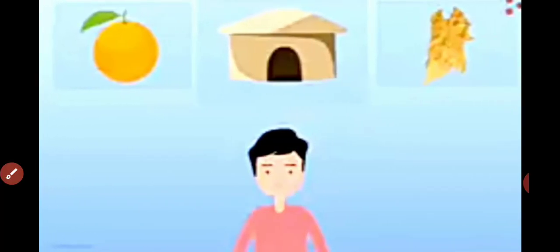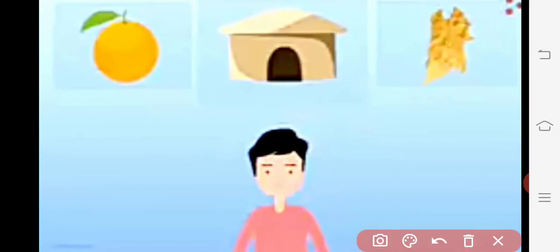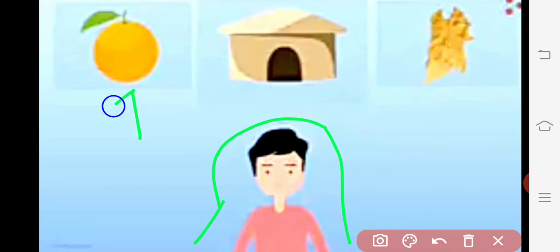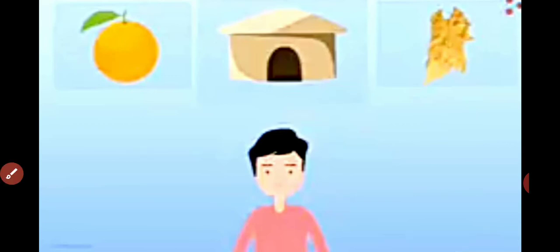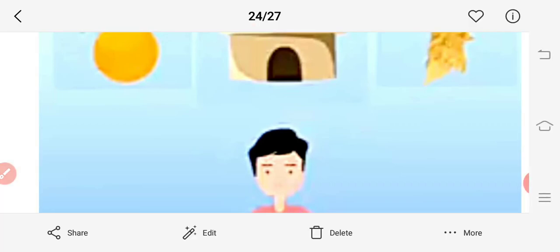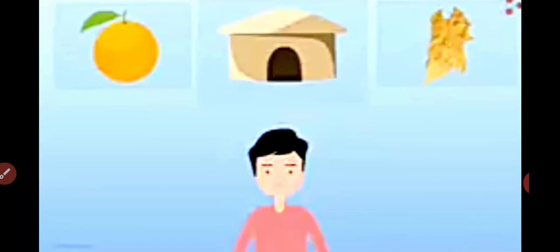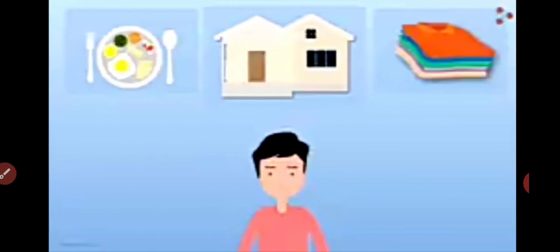So what we discussed here is that ancient people first of all used to eat fruit only and live in huts only. Later they used to wear the fleece or skin of animals, but day by day, by the improvement in the field of science, or we can say in cloths or fabrics, people started inventing.